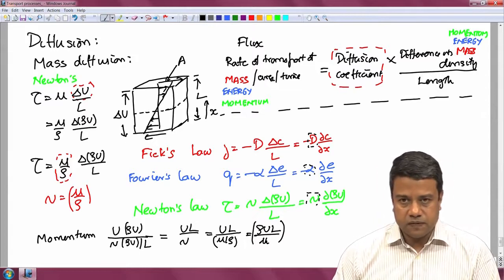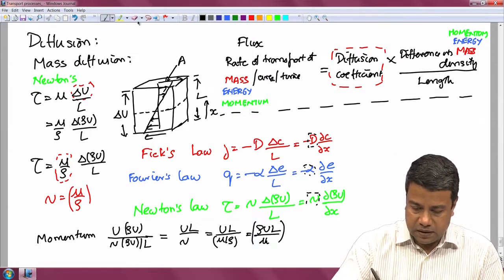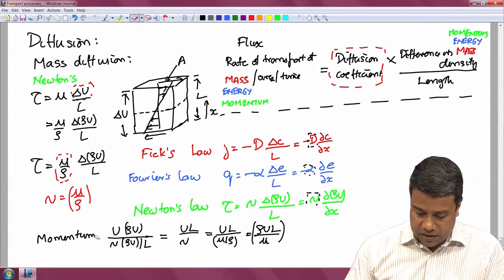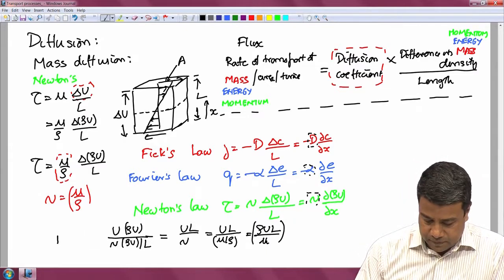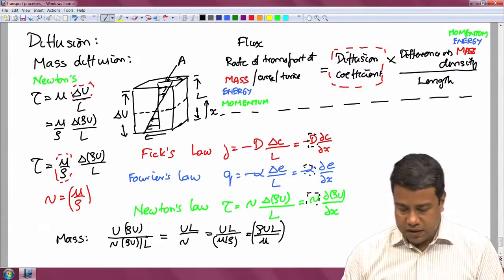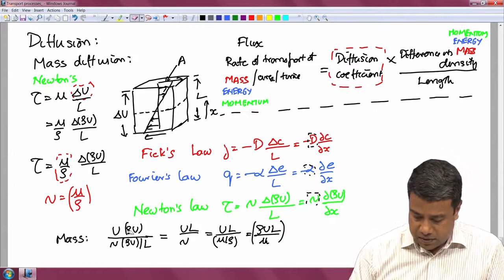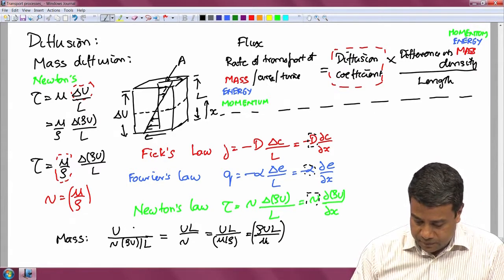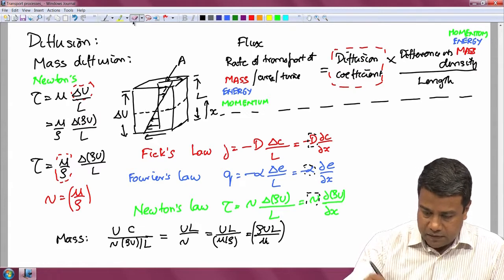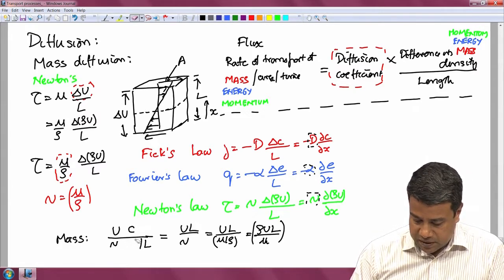Now, if I wanted to do this for mass or heat, all I need to do is to change, for mass transfer, for example, I just need to change this to a concentration. Instead of the momentum density, I will have the mass density.